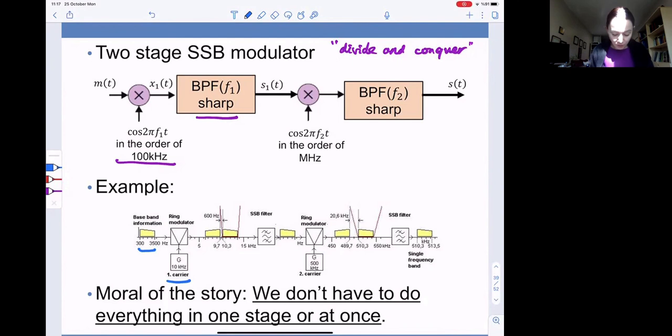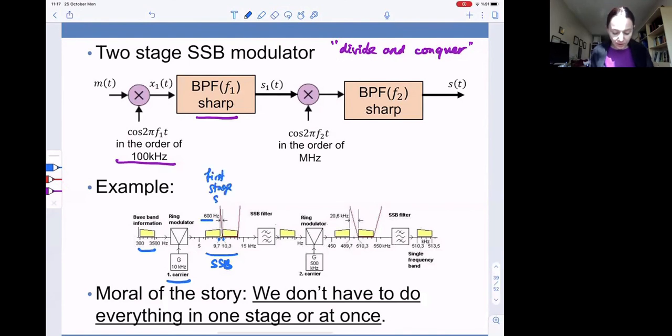So this is, notice that this is not DSP, this is SSB. This part starts at 10.3 and this part starts at 9.7. What is the gap in between? The gap is 600 Hertz. This is our first stage.